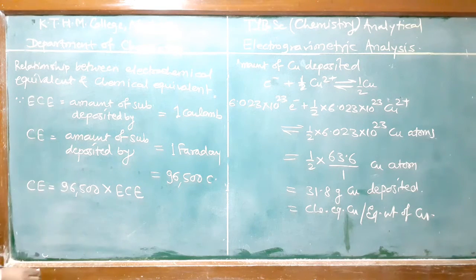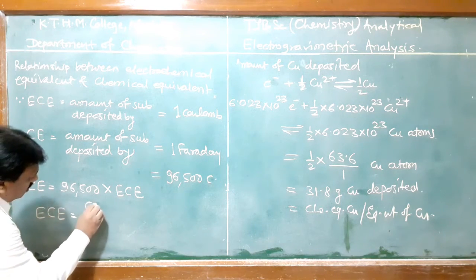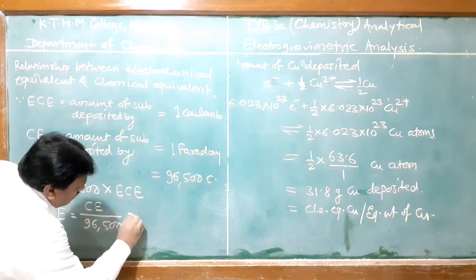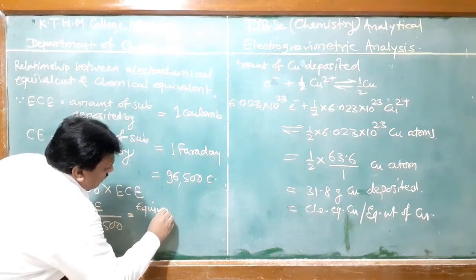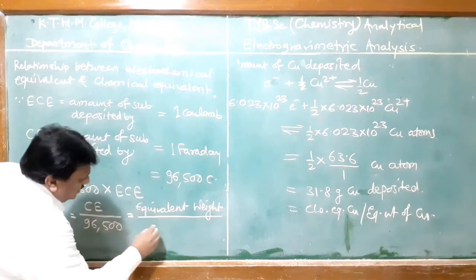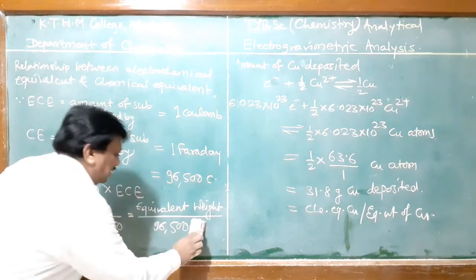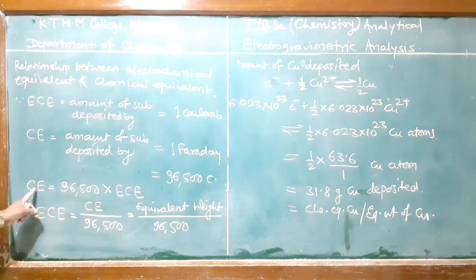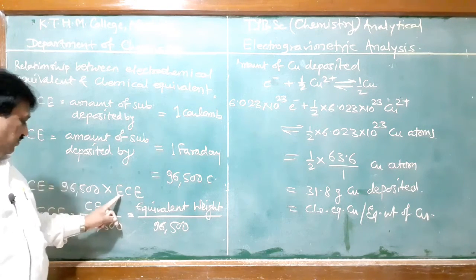Or we can say that electrochemical equivalent is equal to chemical equivalent divided by 96500, which is equal to the equivalent weight of that substance divided by 96500 coulomb. Therefore, here we have the relation that chemical equivalent is equal to 96500 coulomb into electrochemical equivalent.